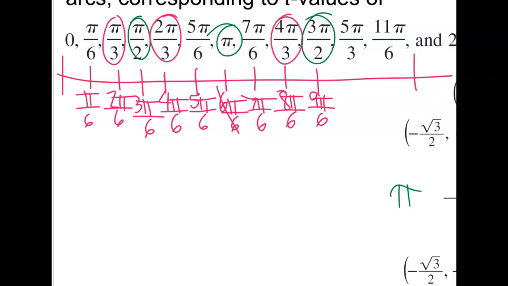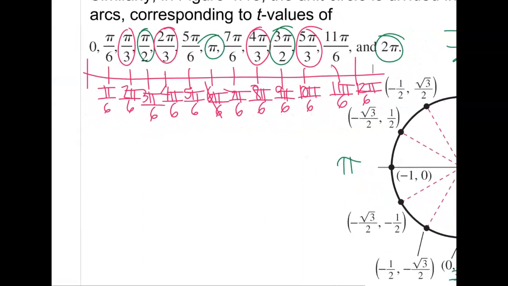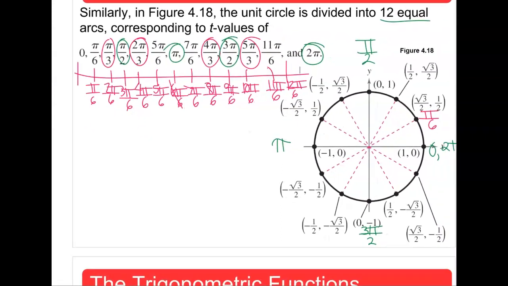Then we will have 10 pi over 6, and 10 and 6 could be divided by 2, so we will get 5 pi over 3. Then we will have 11 pi over 6. And then, of course, lastly, 12 pi over 6, and 12 pi over 6 simplifies to 2 pi.